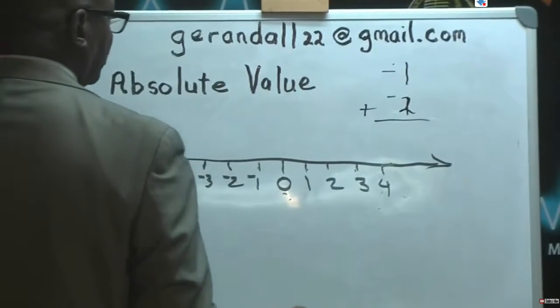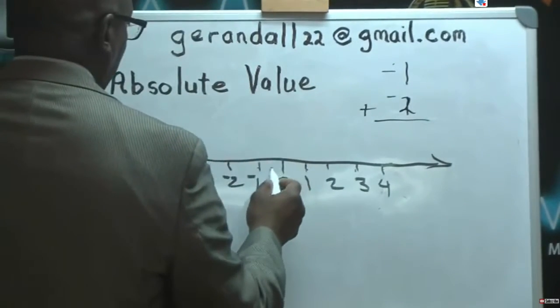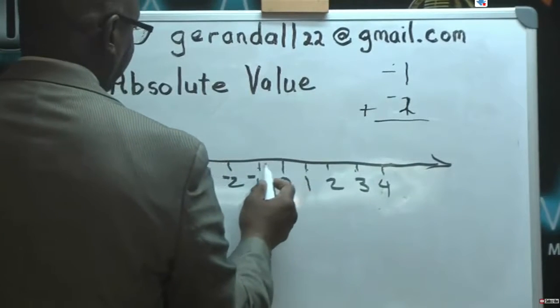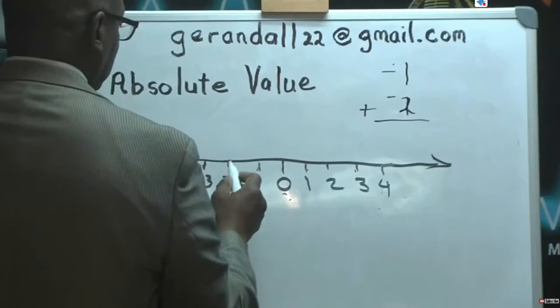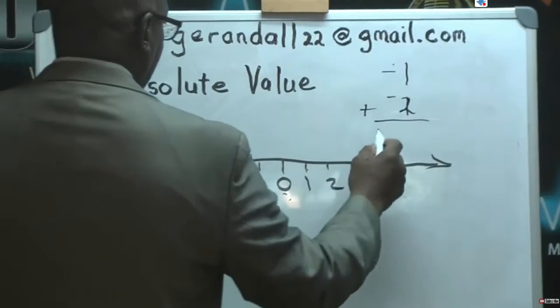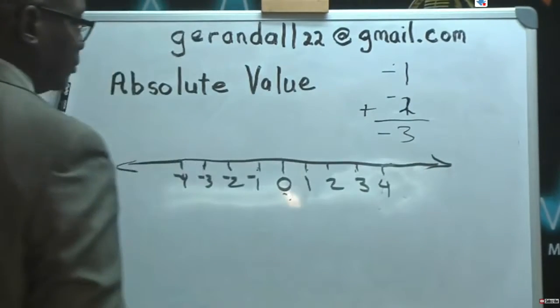And what you normally do is go to the left, negative 1, and then count 2 more intervals, 1, 2. And your answer, negative 3.